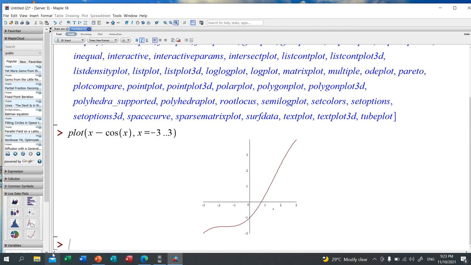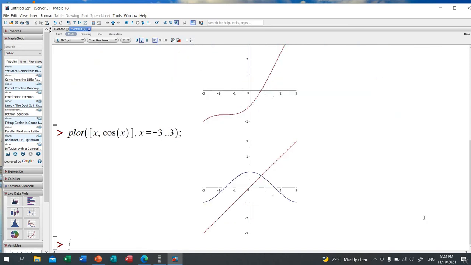The root is actually in the interval 0 to 1. Okay, how about if you want to plot, just now we break the x minus cos x into x equal cos x. We want to plot two graphs simultaneously in a plot. Then we plot, so this shows this one. The red color is y equal x.